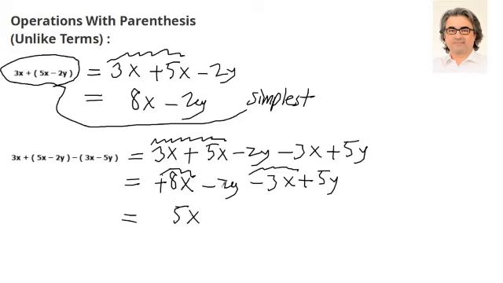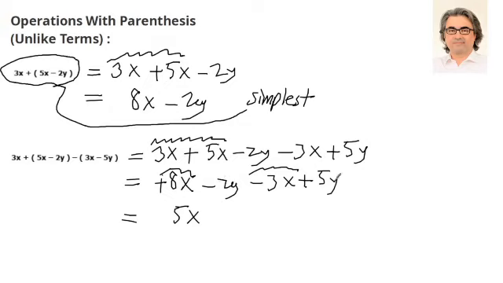And what about the remaining? Minus 2y plus 5y. They are another like terms here. But 5x, x and y are unlike terms. So I cannot make any addition and subtraction operations between x and y. But I may make operation between minus 2y and plus 5y.